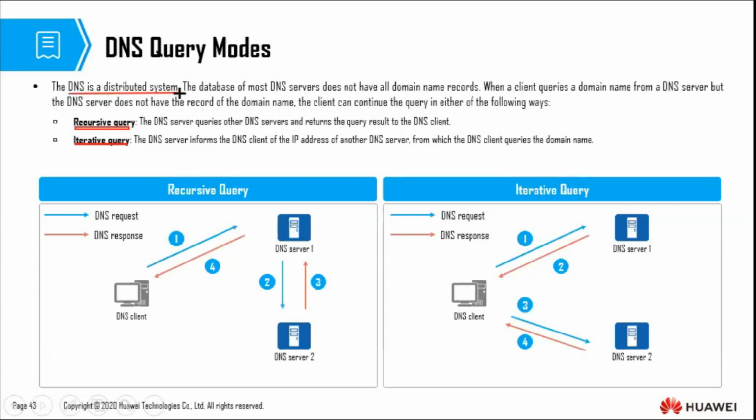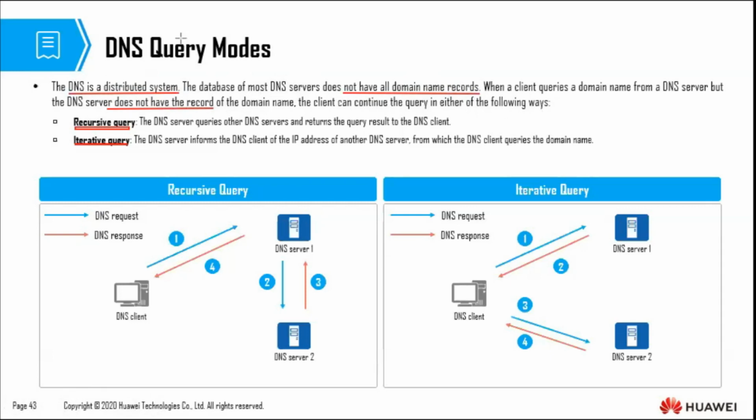The database of most DNS servers does not have all domain name records. So when a client queries a domain name from a DNS server, but the DNS server does not have the record of the domain name, the client can continue the query in either of the following ways.